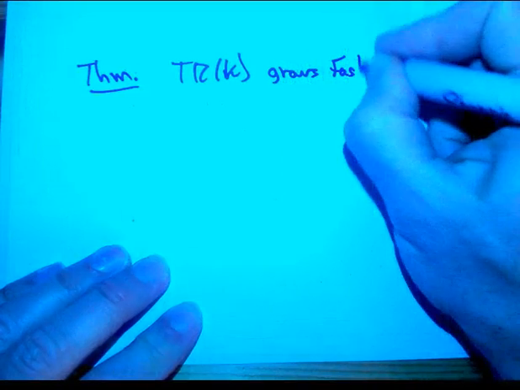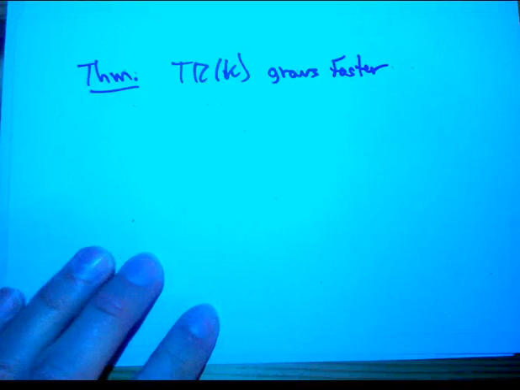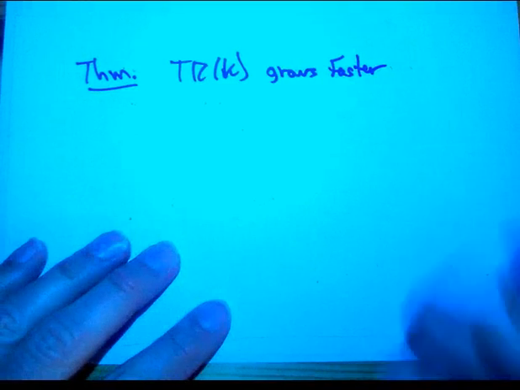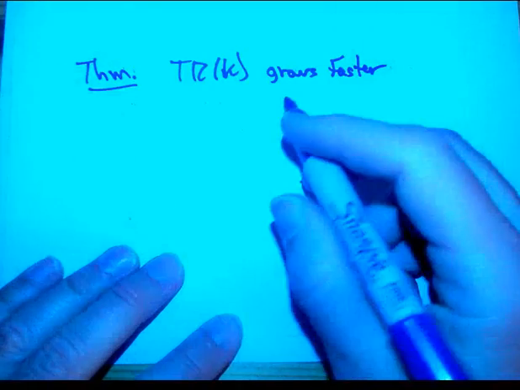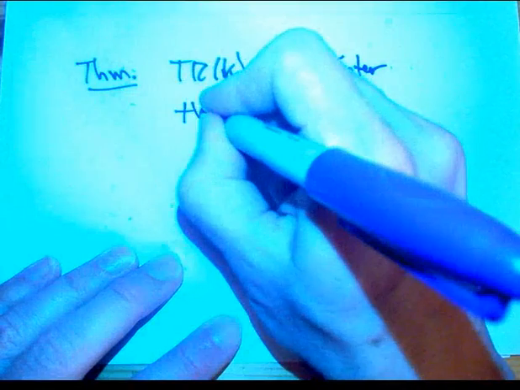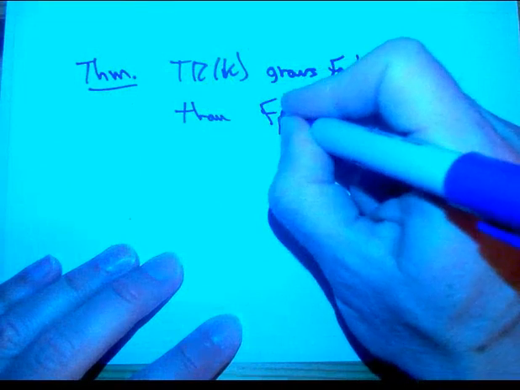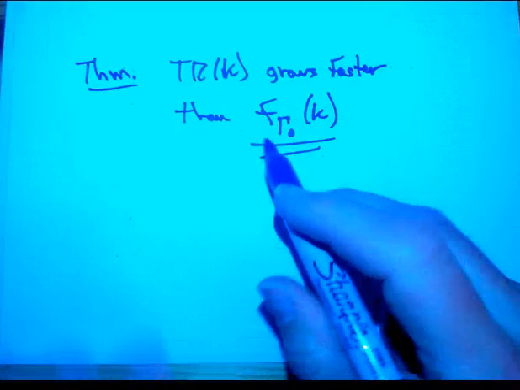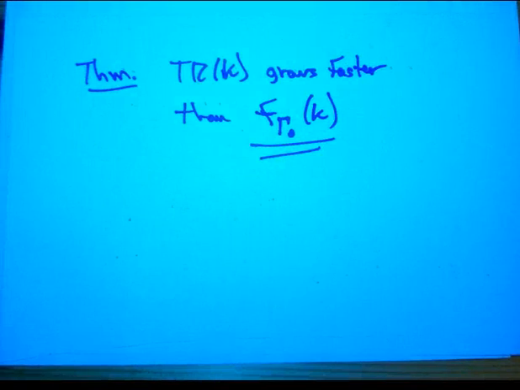If you remember a few videos ago, the endpoint for that normal Veblen process, Veblen can be made more complicated, but for the normal one, it was this fancy ordinal called gamma naught, and this grows faster than f gamma naught of k.